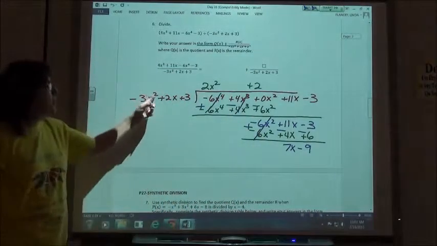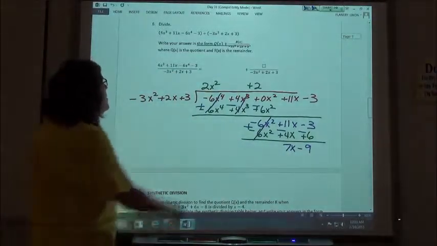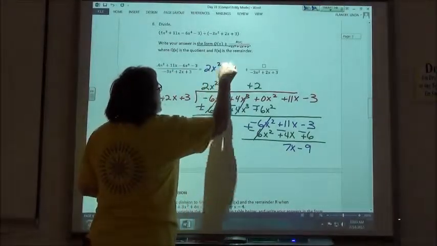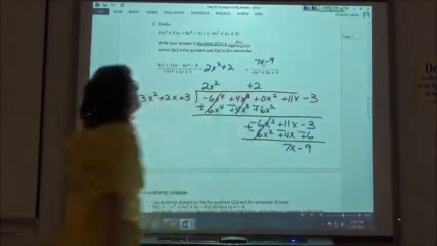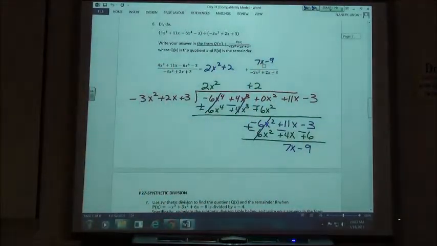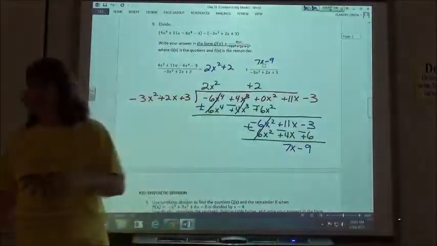And since this exponent here is higher than this exponent here, that tells us that's our remainder. So 2x squared plus 2 and 7x minus 9. And again, if you were really bored, you could take that times that and add your remainder, and you should get what you started with.